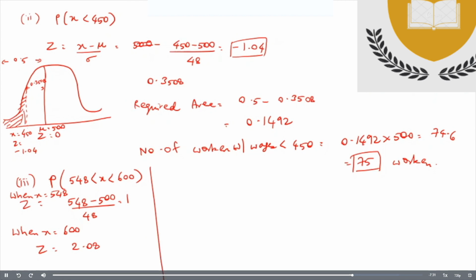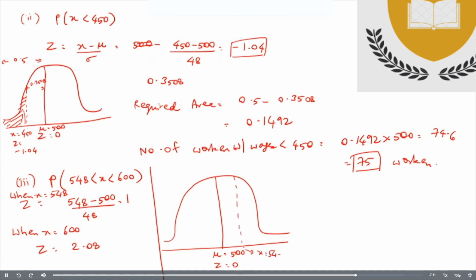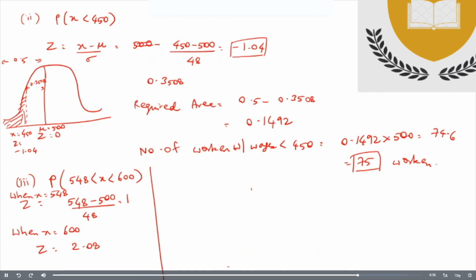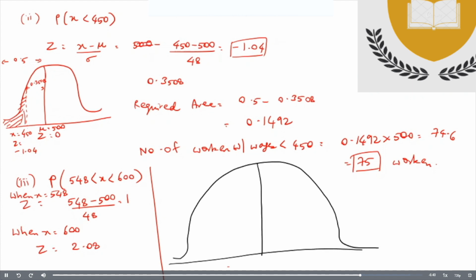Okay, 2.08. Now let me draw the diagram. I will draw it a little bigger for you so that you get more clarity. This is z equal to 0 and this is mu, which is 500.